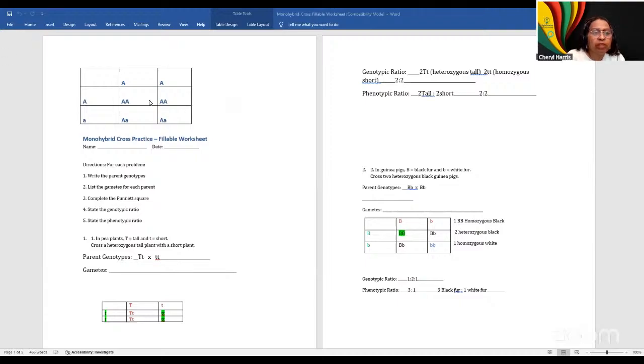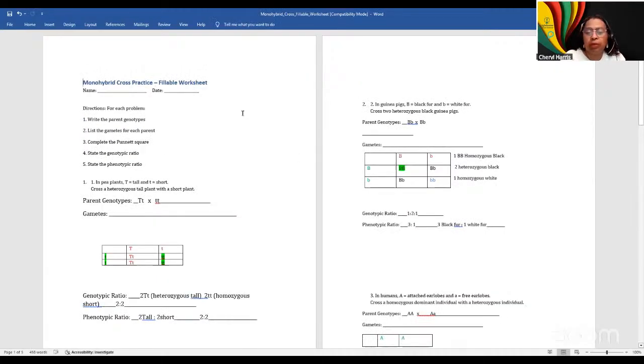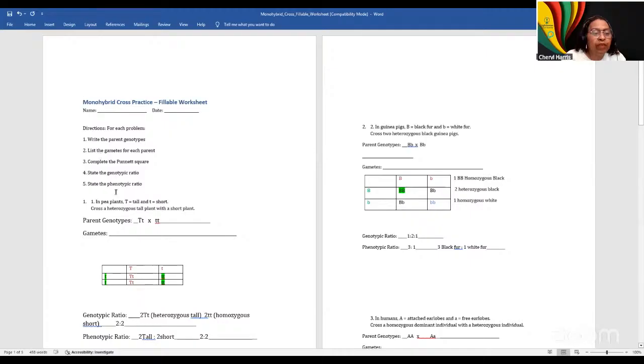So let me just delete that. All right, so I'm going to do this again. You have to have all 5 pieces of information for all these questions. Again, the gametes are represented by putting the letters in the individual boxes. Other than that, you have written the parents' genotypes.